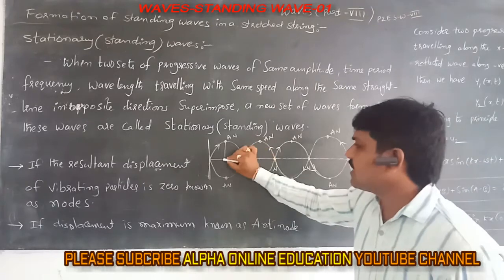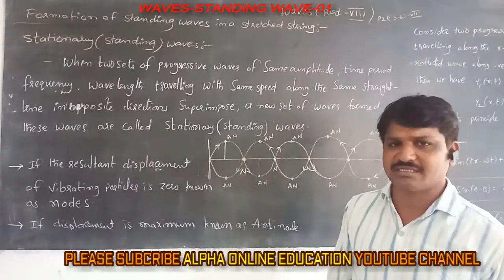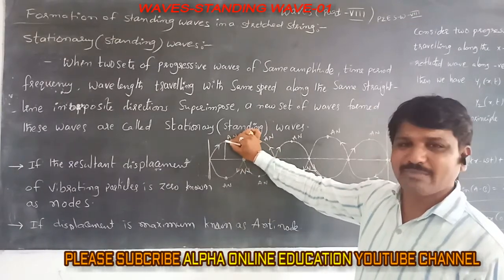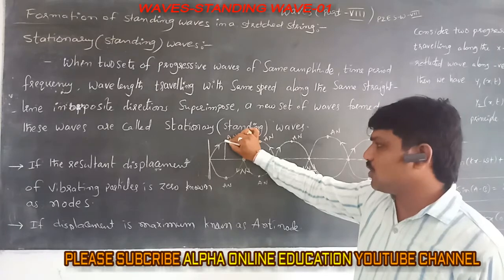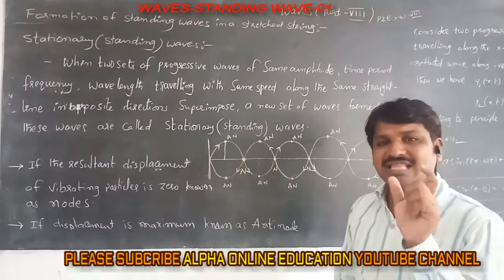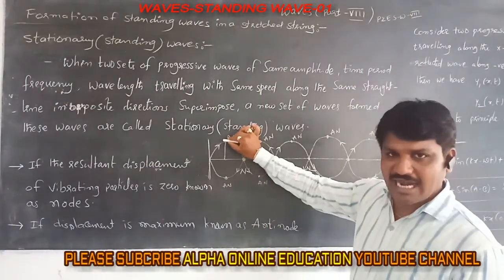So when the resultant displacement of the vibrating particles is maximum, that is known as an antinode.